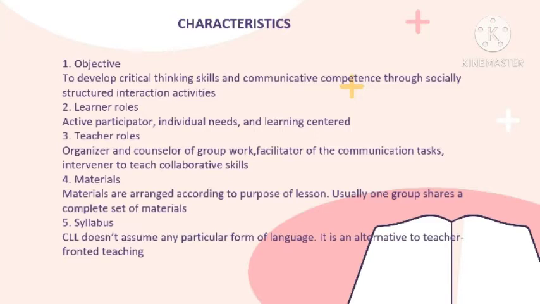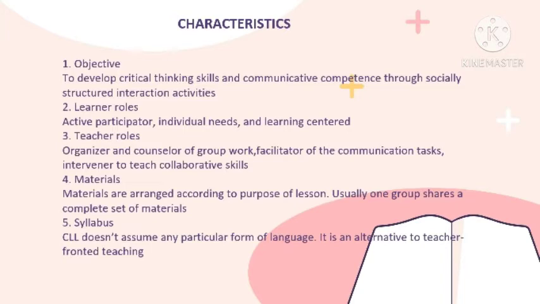Teacher roles: organizer and counselor of group work, facilitator of the communication tasks, intervener to teach collaborative skills. Number 4. Materials. Materials are arranged according to the purpose of the lesson. Usually one group shares a complete set of materials.